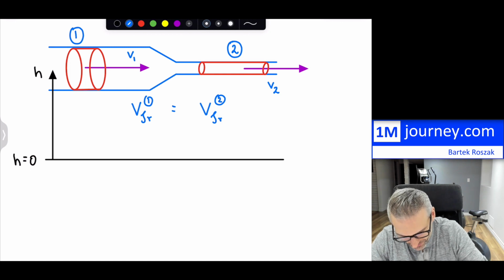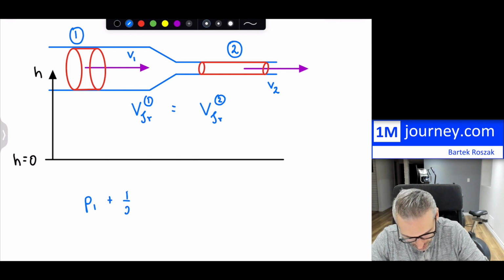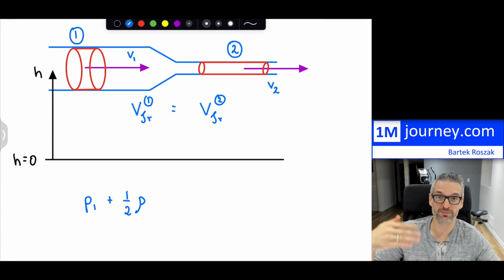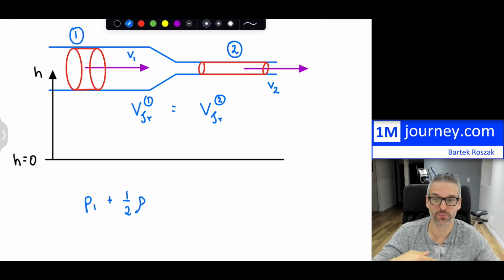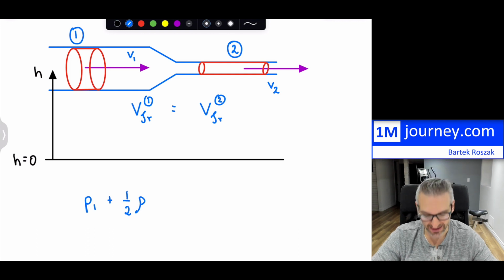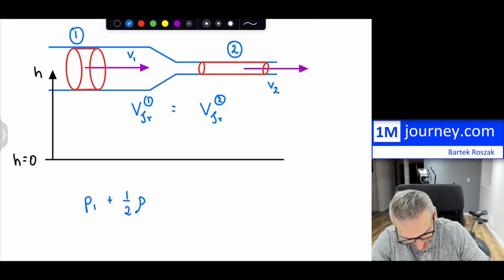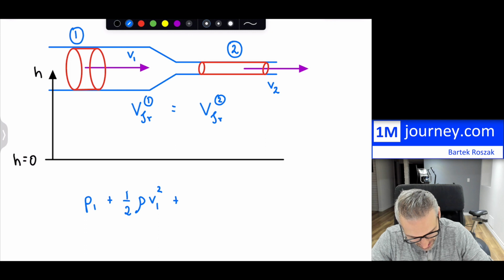I know that the pressure in that first tube, plus 1/2 times the density, plus the density times gravity times h, is a constant. The density is the same fluid in both, so I'm not going to label it 1 or 2. The speed does matter because it changes, so this is squared.